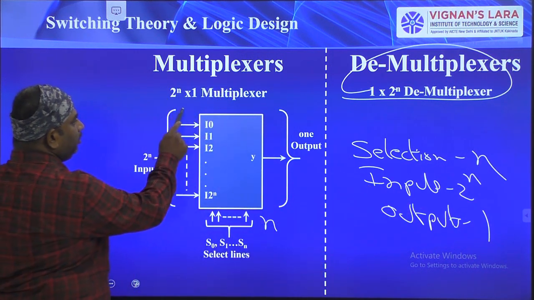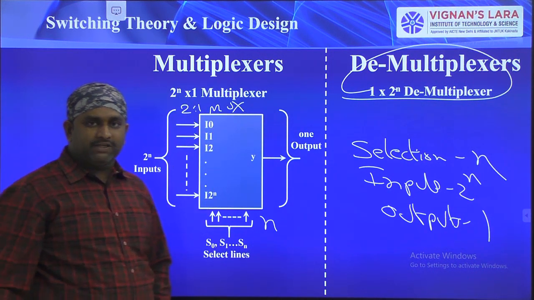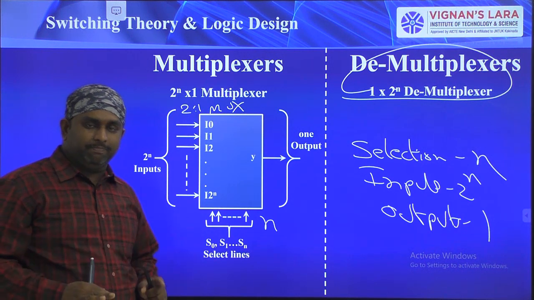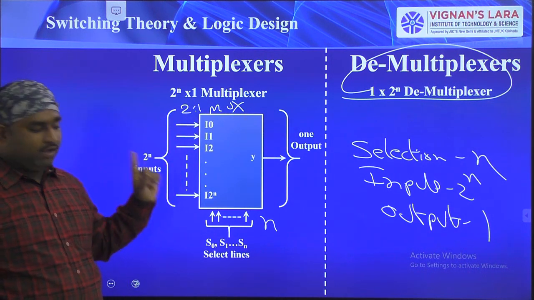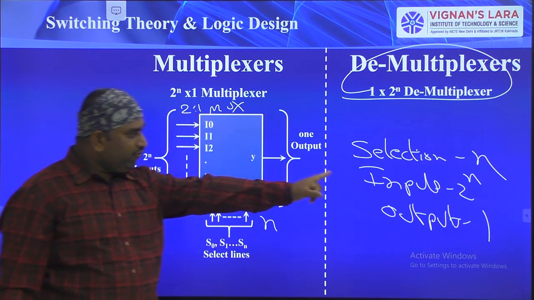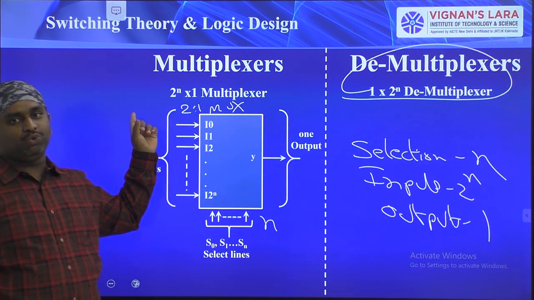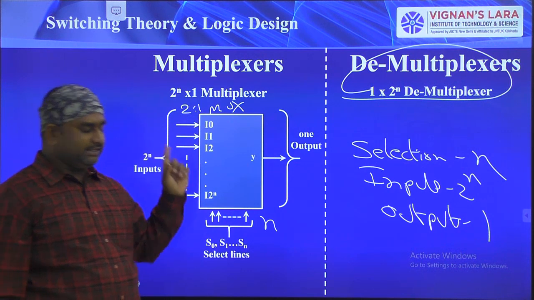Then this is called a 2 to 1 multiplexer. You can represent a multiplexer with the shortcut mux, but in some places you have to write the full form. If n is equal to 2, it is a 4 to 1 multiplexer. If n is equal to 3, it is an 8 to 1 multiplexer. If n is equal to 4, it is a 16 to 1 multiplexer.